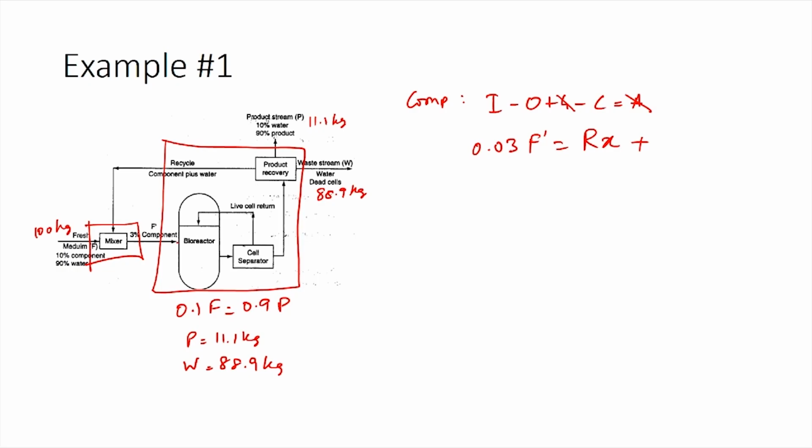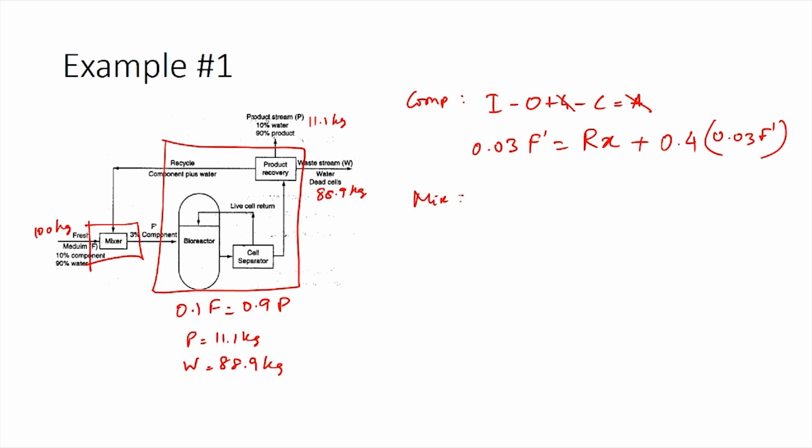So, the single pass conversion has been given as 0.4 times the feed which is entering the reactor, which would be 0.03 F prime. So, this is the balance equation for the component for the system chosen.